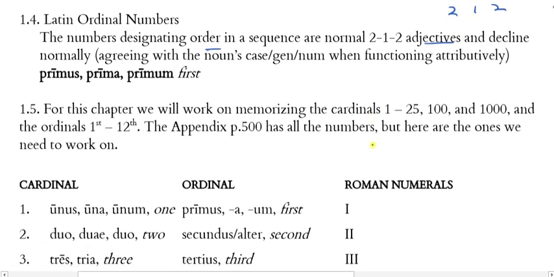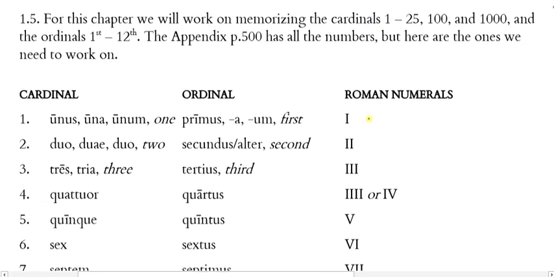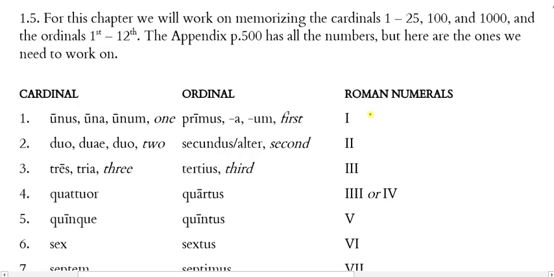So Wheelock has asked us, and it's a good thing to ask, that we work on memorizing the cardinal numbers 1 through 25, and then for the larger numbers 100 and 1000, and then to try to memorize the ordinals 1 through 12. And so what I've done on my handout, the Wheelock book doesn't give it to you here in the chapter, but just references the appendix. I've at least put on this handout the cardinals 1 through 25, and then 100 and 1000, and the ordinals 1st through 12th.